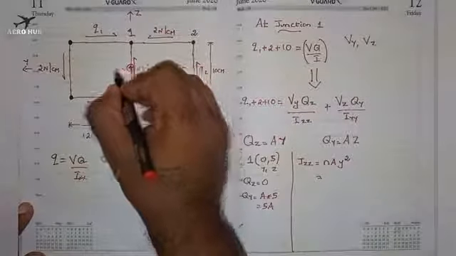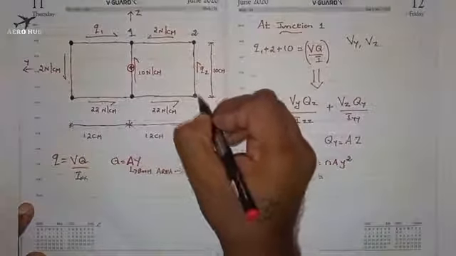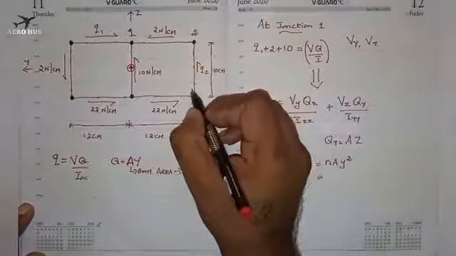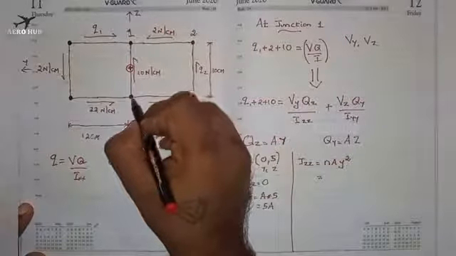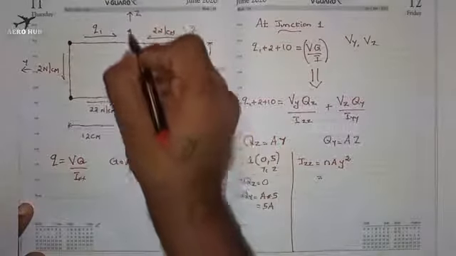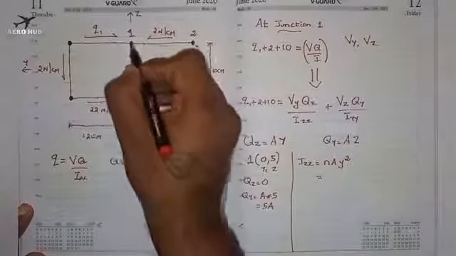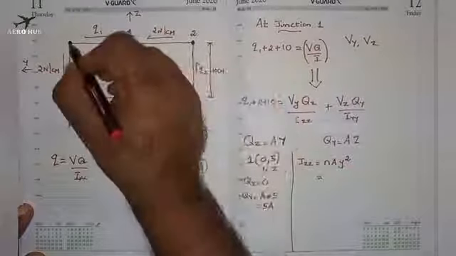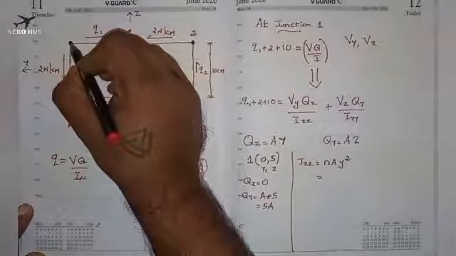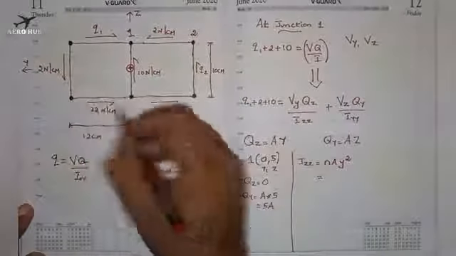We have 4 boom areas at a distance, while these 2 boom areas are lying on the centroidal axis, so they are neglected. We consider only the 4 corner boom areas.